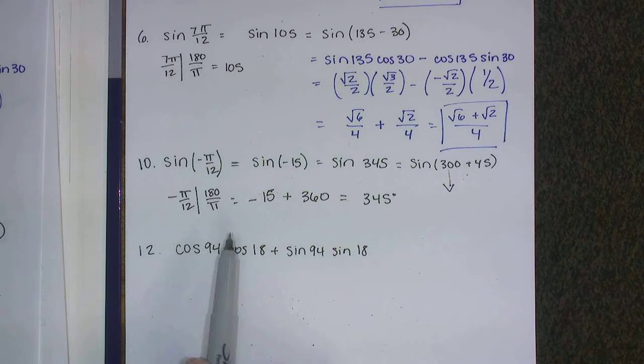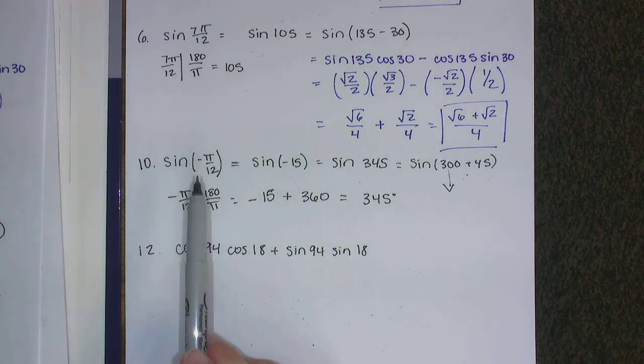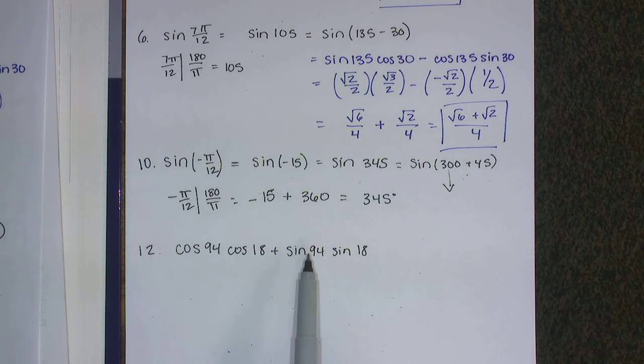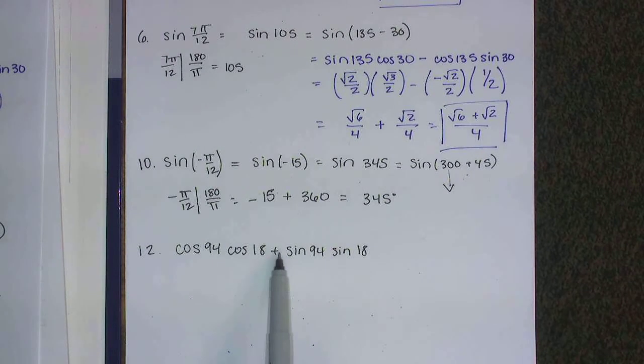So, based on looking at my formula sheet, I have cosines all listed first. I have sines all listed second. So that tells me that I'm dealing with a cosine. I know with cosine, this positive negative here is opposite of whatever I'm dealing with. So I'm dealing with the difference formula for cosine.